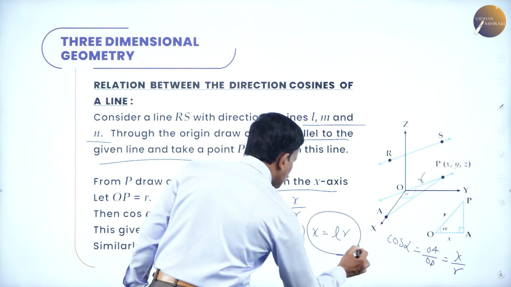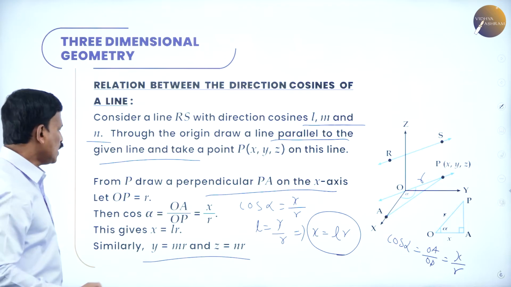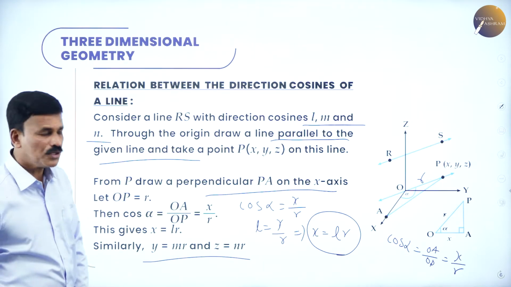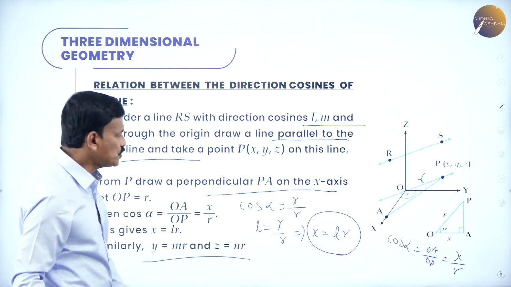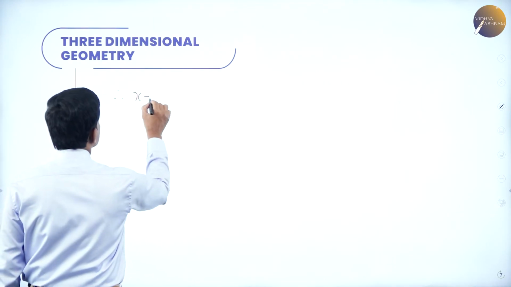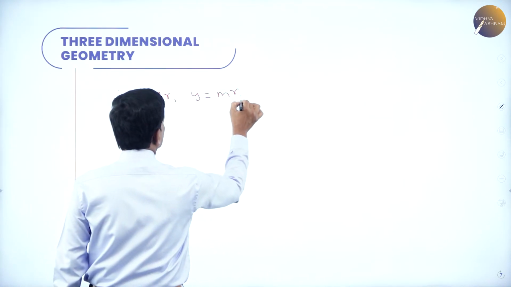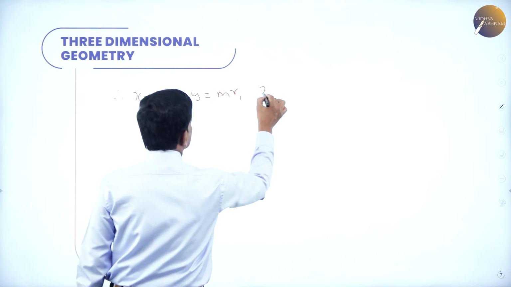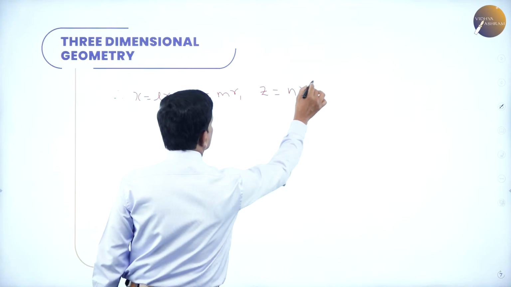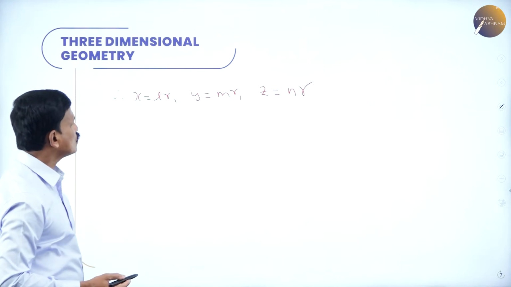Similarly, y is equal to m into r and z is equal to n into r. Therefore, x is equal to lr, y is equal to mr, z is equal to nr.